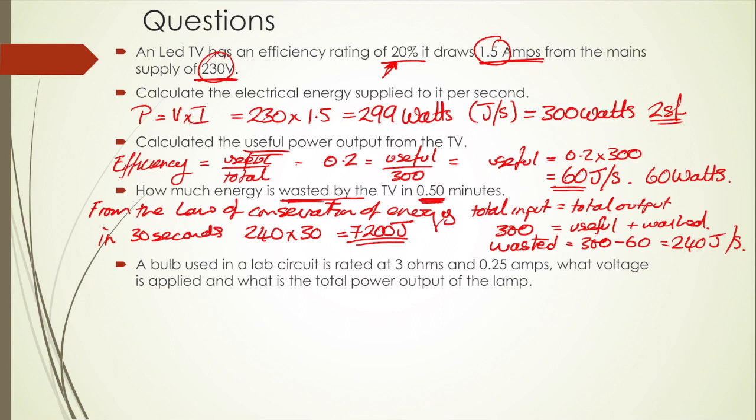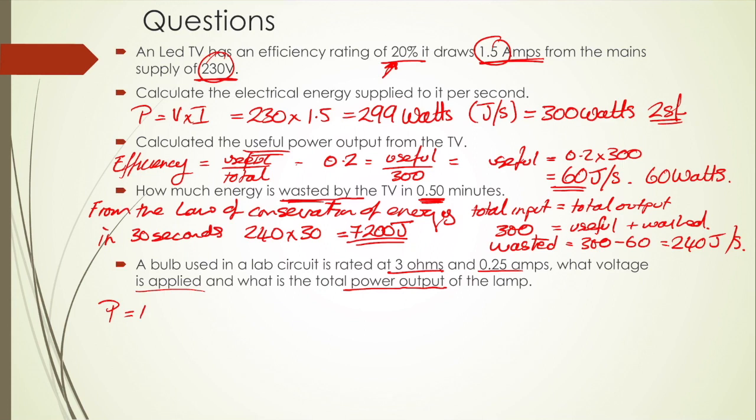Last question. A bulb is used in a lab circuit rated at 3 ohms and 0.25 amps. What voltage is applied and what is the total power output of the lamp? Okay, so the power output, we can use one of the other equations that we did just earlier.